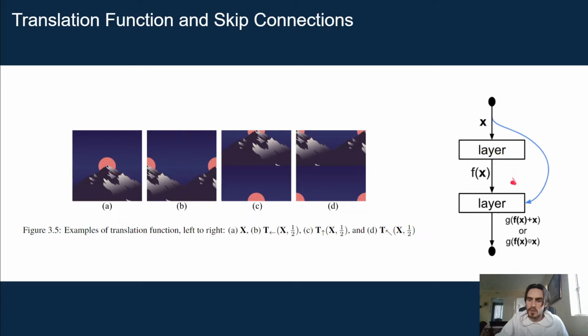The other concept that we use is the skip connection. I won't spend too much time on this, but we've got this input X. It's fed into the layer to give us f of X, fed into the next layer, which would give us g of f of X. But what we also do is we take this original input X, we pass it right around the network, and we add it or concatenate it onto f of X, and we feed that into the layer to get g of f of X plus X, or g of f of X concatenated with X. This creates a number of improvements in convergence.